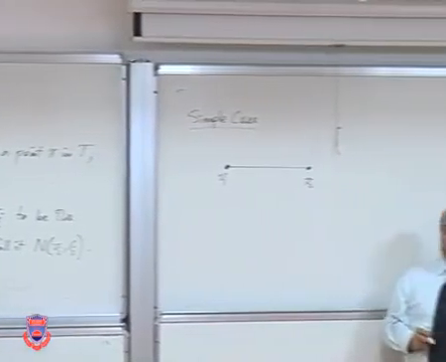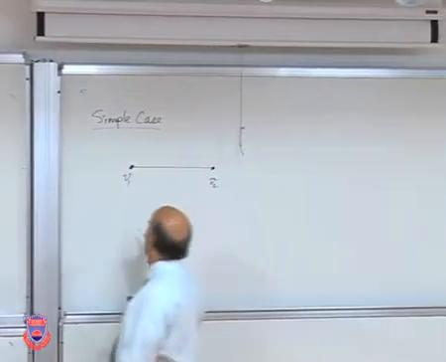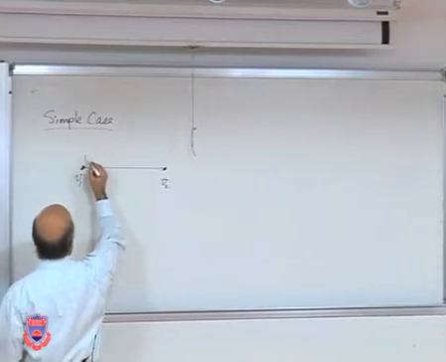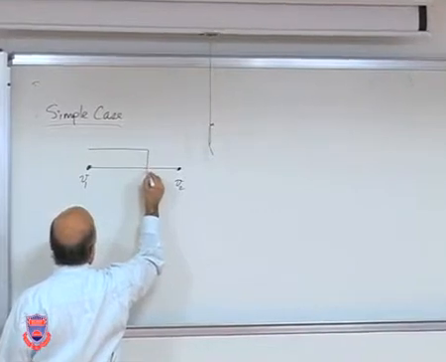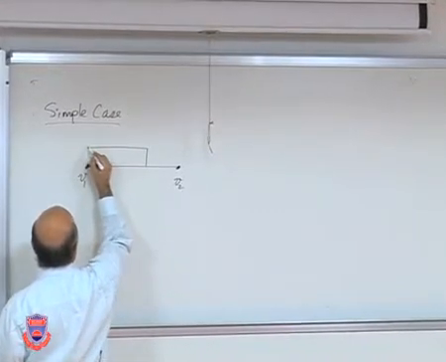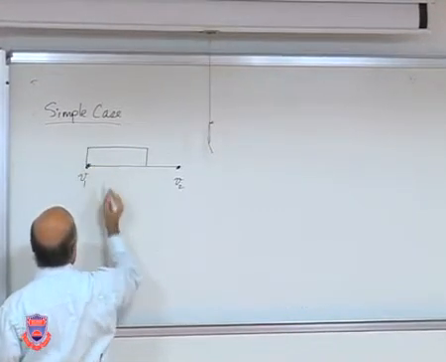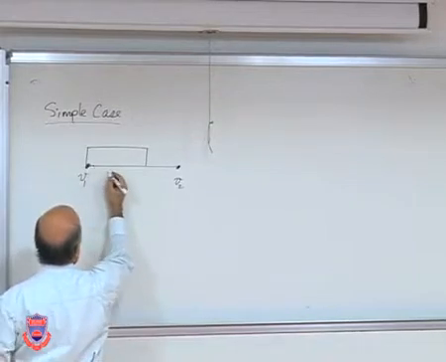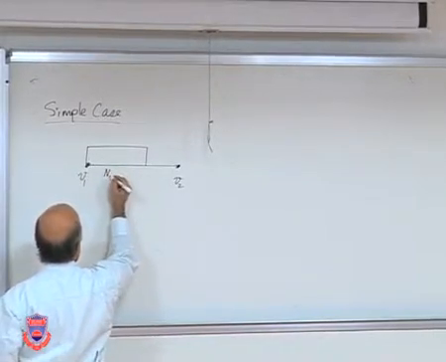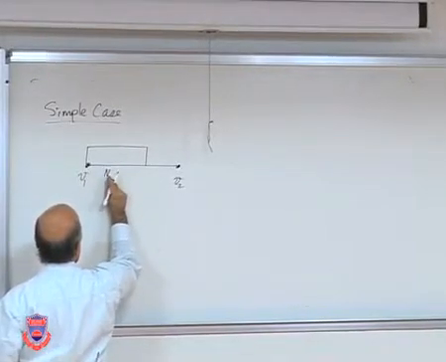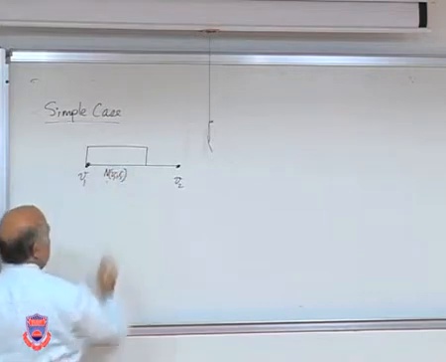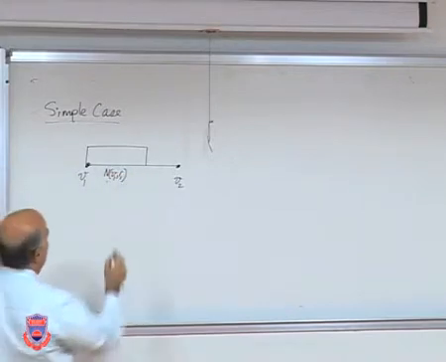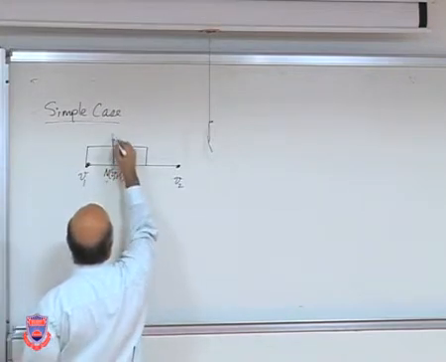You have r_1 and r_2. Now, r_1 says you want to move r_1 units of distance this way. That gives you a neighborhood, N of v_1 of r_1, this portion. The other one is similar.